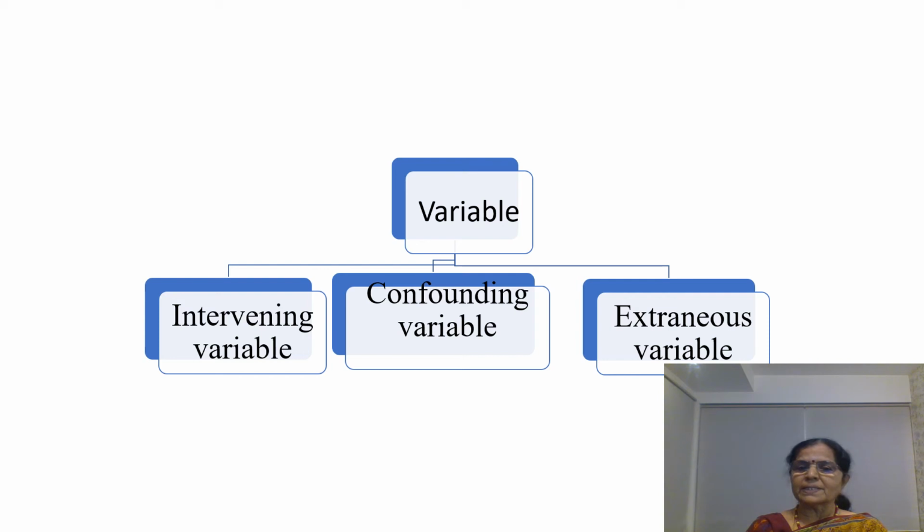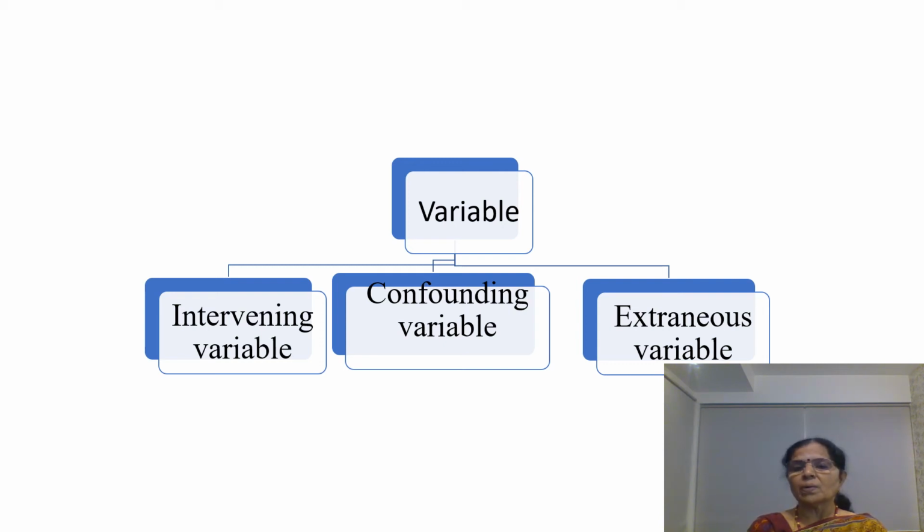In the above example, the extraneous variables could be the parents' educational background or their social background or the teacher's motivational level. All these are not considered in this particular study. They are outside the research, but they do influence the result if not controlled by the researcher.